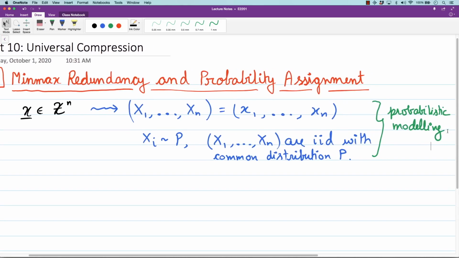But it's not that the symbols were actually generated from this distribution. In particular, we have also been assuming that we know this distribution so far.